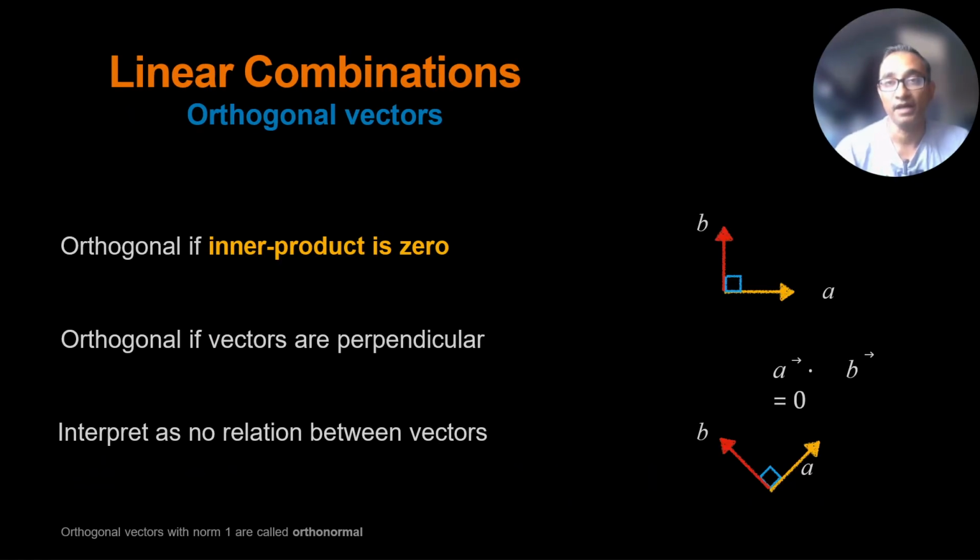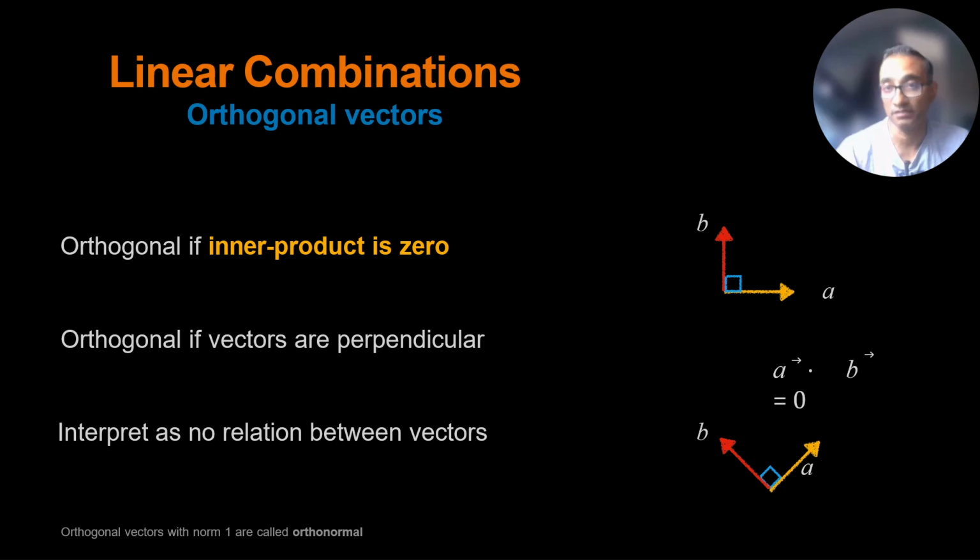Orthogonality, which we used as a term at the very beginning of this video, has to do with showing the overlap among the vectors. So, two vectors are orthogonal if their inner product is 0. It means that orthogonal vectors are perpendicular to each other.